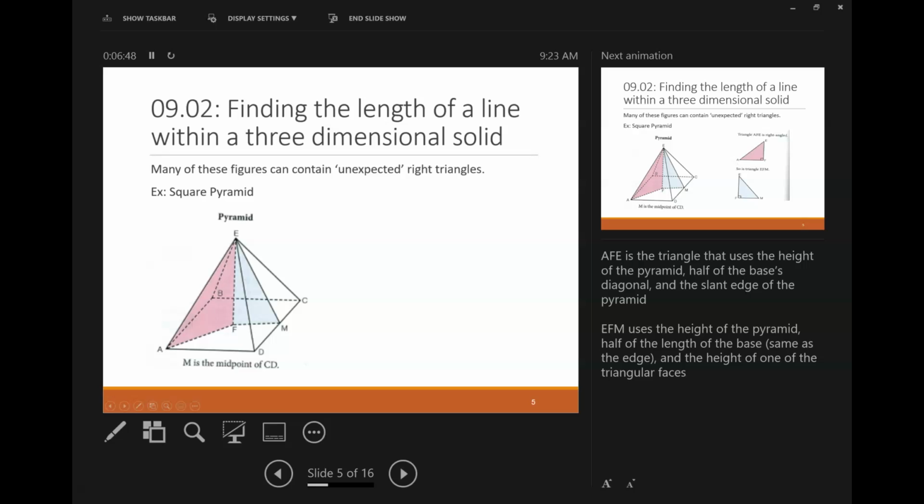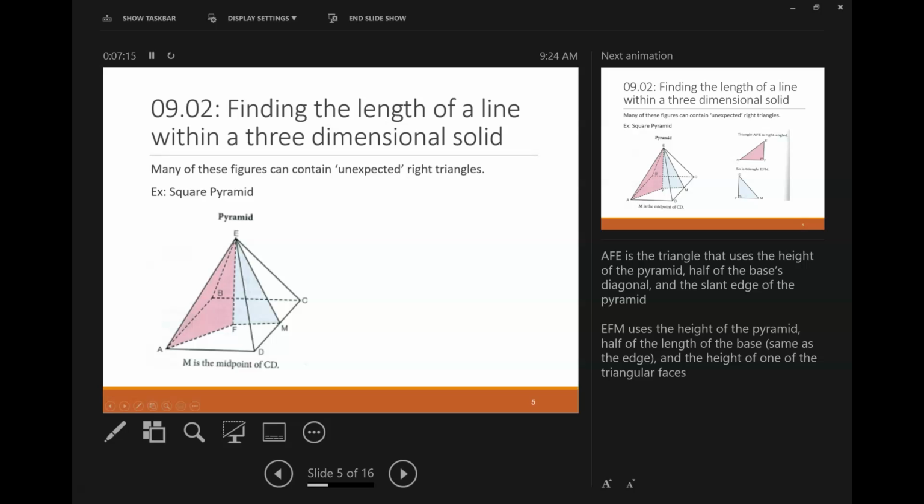So here's another one. Now I would think that both of these are not super obvious calculation triangles. So if I look at the square pyramid here, we say it's a square pyramid because the base of the pyramid is a square. So one right triangle is this triangle EFM, where M is the midpoint of one of the sides of this square pyramid.